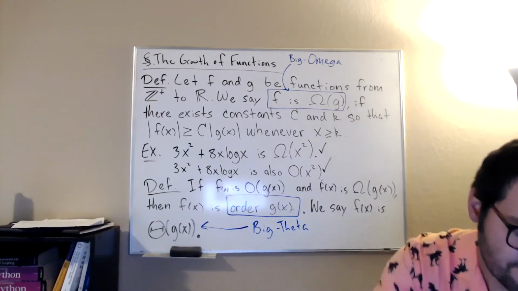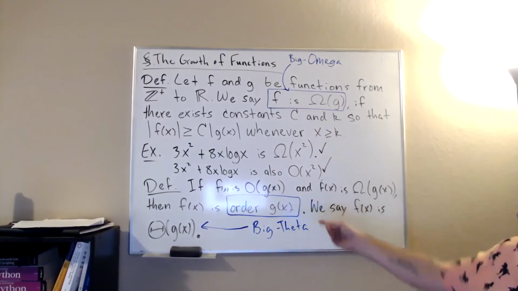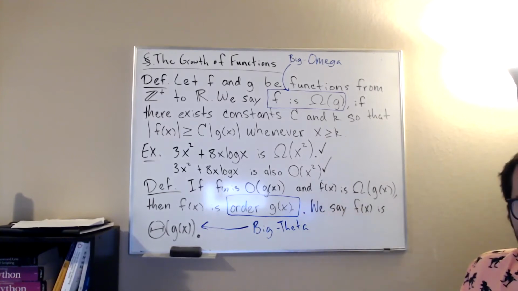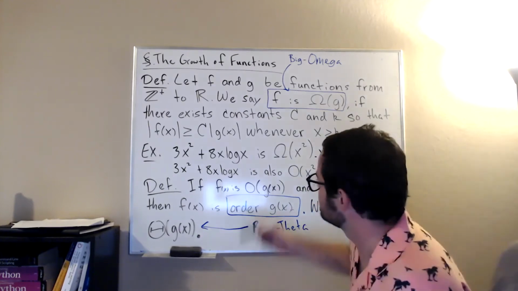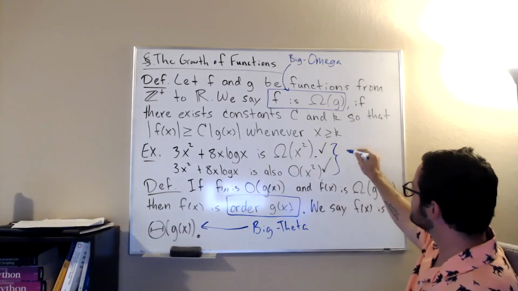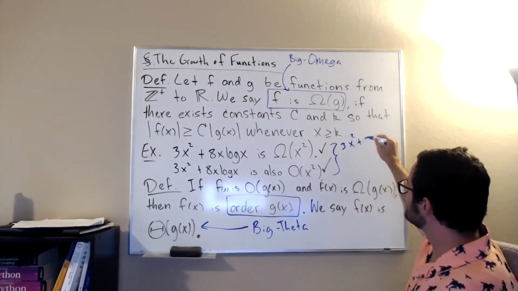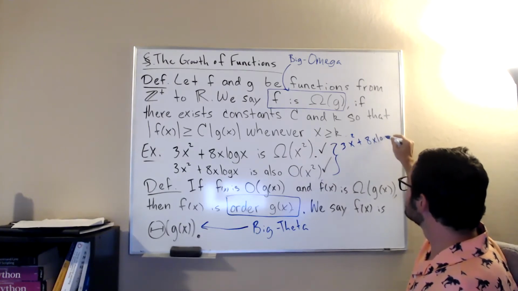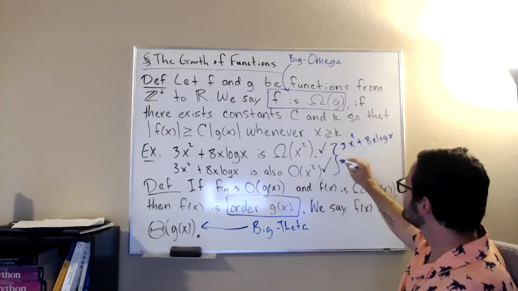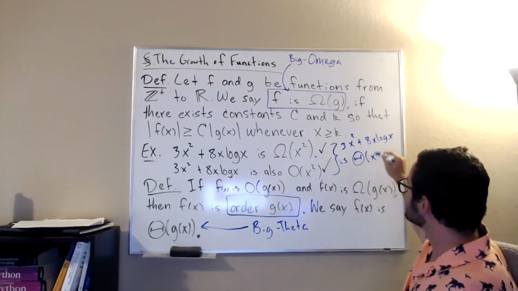Okay. So again, when you say that f is order g of x, that means the same thing as f is big theta g of x. So here, since we proved these two statements, this means that 3x squared plus 8x log x is big theta x squared.